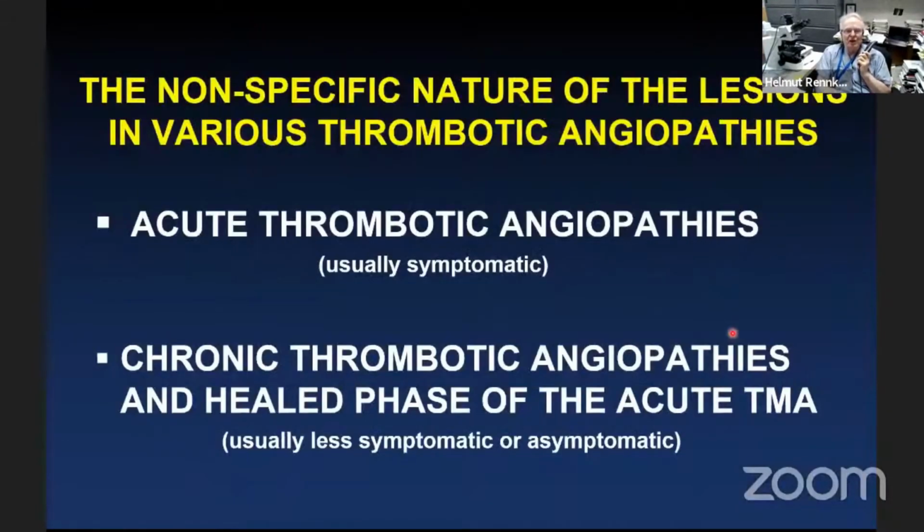So this is pretty non-specific for any of the acute thrombotic angiopathies, which are usually symptomatic, and particularly these signs are non-specific for the more chronic or the healed phases of these acute phases.